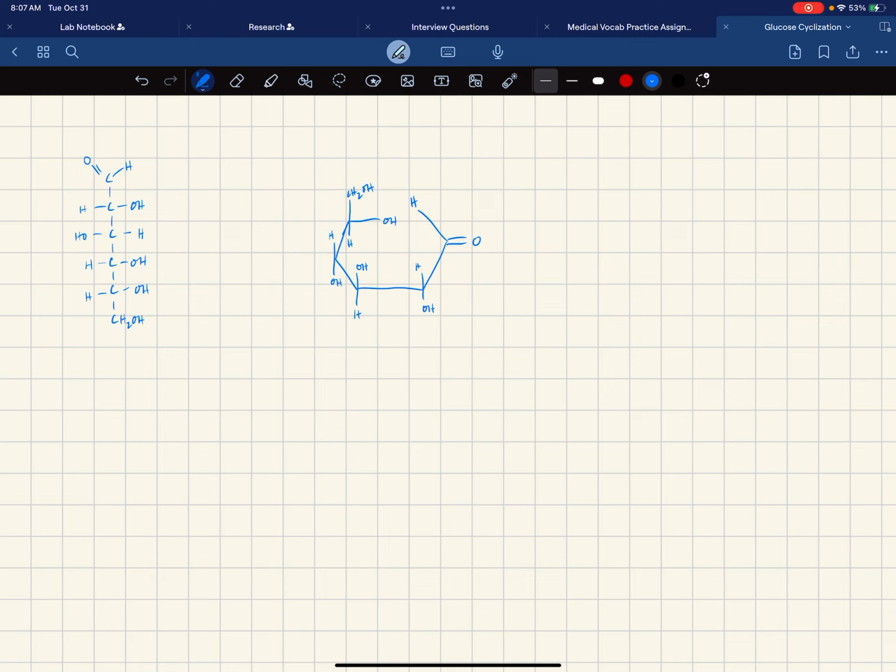This is kind of random, and this is why mutarotation will switch between those two forms all the time. But when this OH attacks that carbonyl, depending on whether it attacked from above or below, you're going to form this bond. It looks really bad, don't worry about it, but you know what I'm getting at. You get that bond, and depending on which direction it attacked, your OH will either be below here, or it could be on top over here.